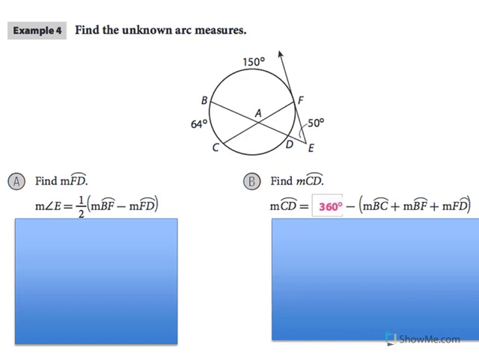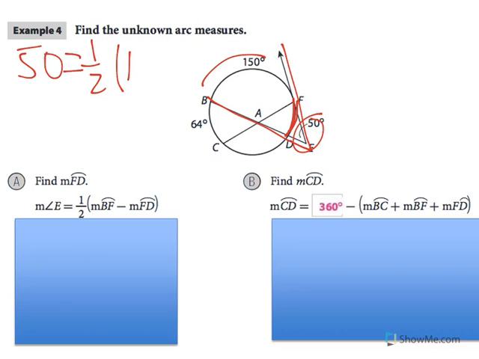Okay, let's go through some more examples. For part A, we're looking for the arc from F to D, which is this part here. This arc forms the angle here. So 50 equals 1/2 of 150 minus the arc FD.